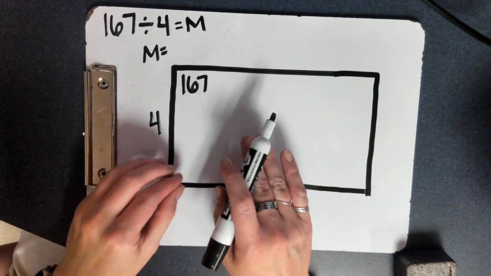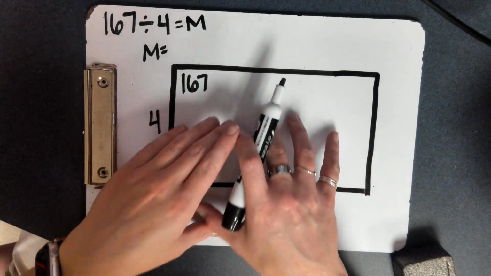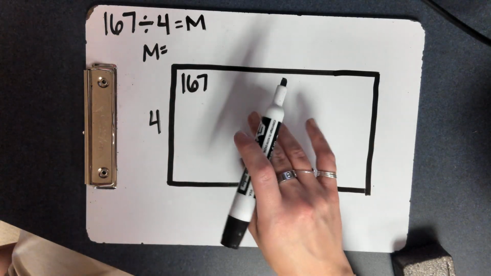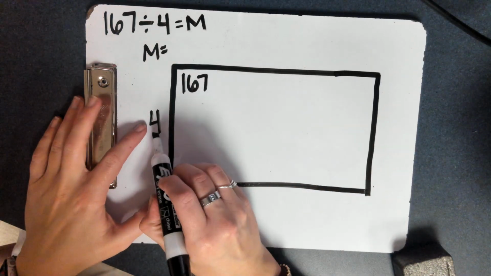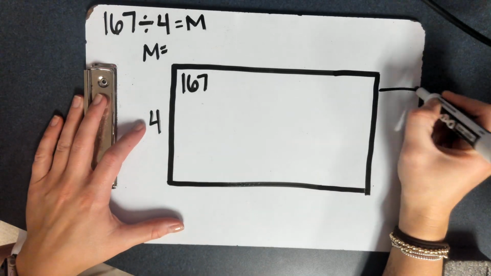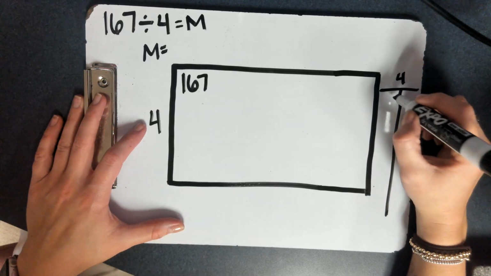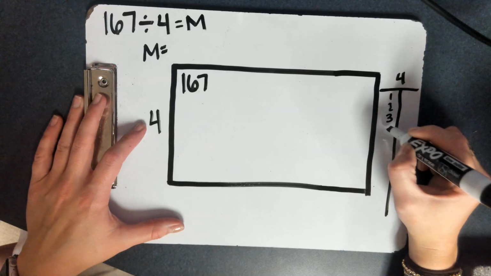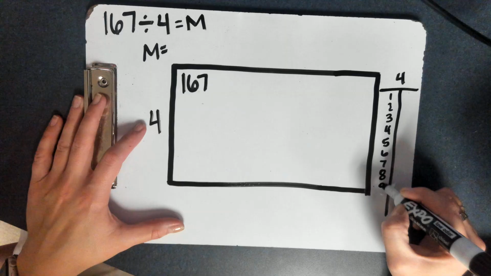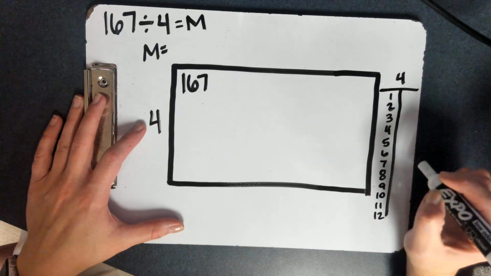I'm going to start with how I show my beginner students who need a little bit more support with division. So if that's the case and we know we're doing 4, we need to take some time and create a 4 T-chart. A T-chart is basically my math facts written out in an organizer so that I can find them easier.